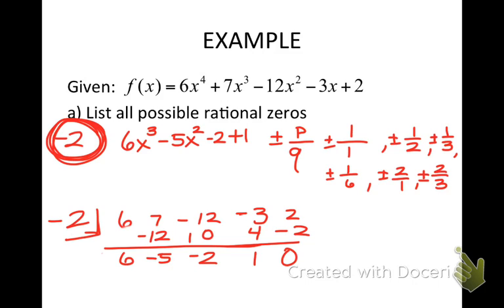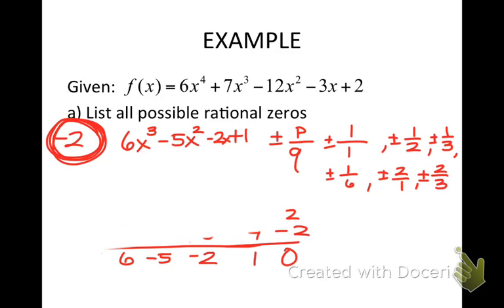Can we factor that yet? Nope. It's a cubic. So I can do one more synthetic division to take it to a quadratic. And once I get it to a quadratic, hopefully we can factor it, or if we can't, we can use the quadratic formula.